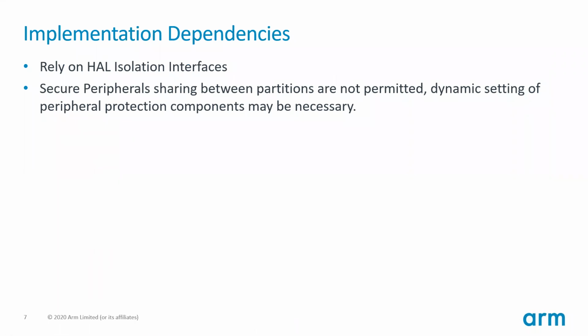And the last page is the implementation dependencies. The isolation level 3 implementation relies on the HAL isolation interface merge. After the HAL isolation interfaces are implemented, the detailed practical hardware setting and the MPU switching mostly happen in the HAL interfaces.